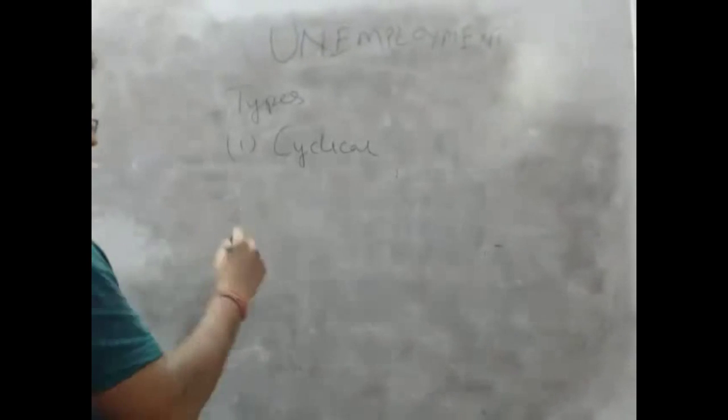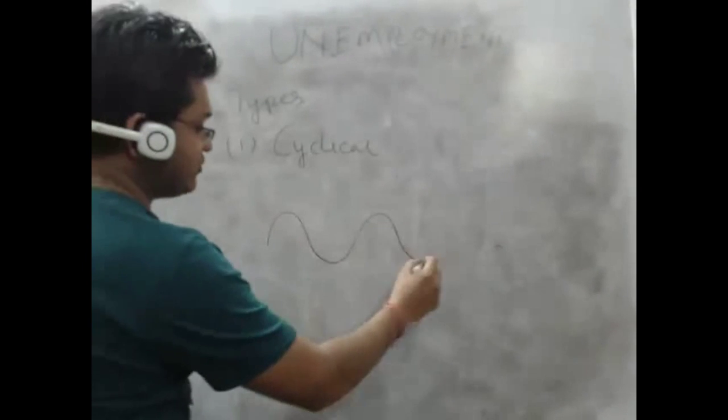So name them. Recession, depression, boom. One more. What will happen when you move from depression to boom? What do we call that? Recovery. Very good. So we have seen that this is the situation of the business cycle.